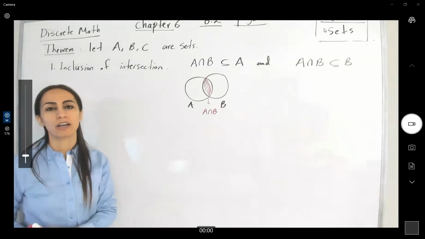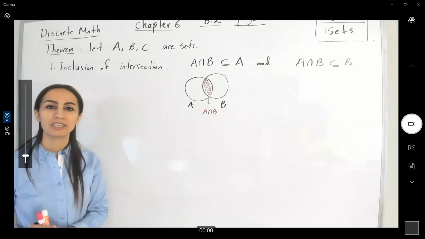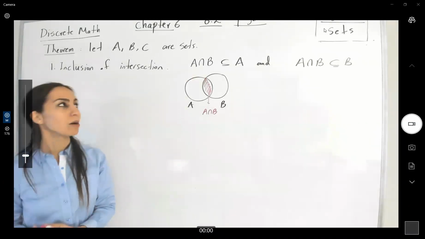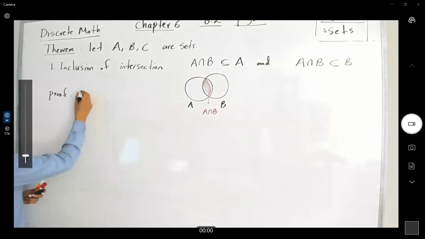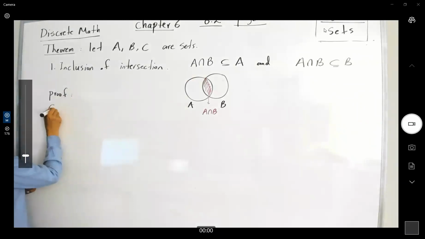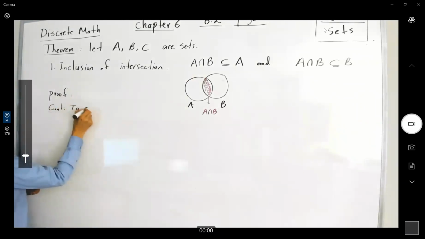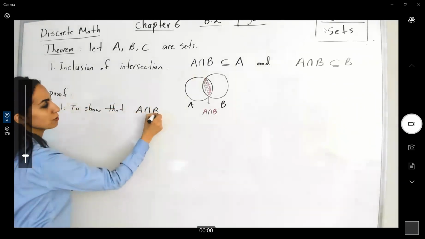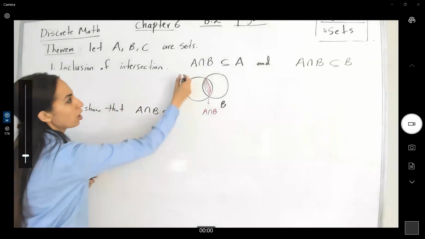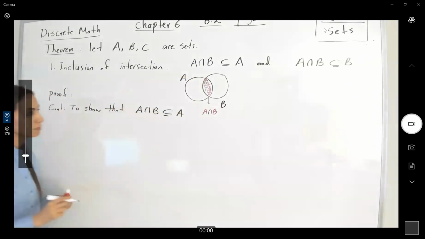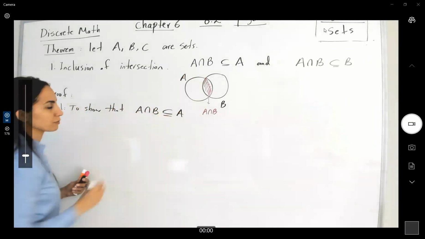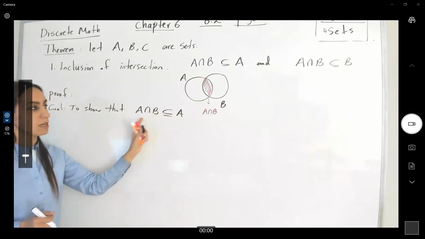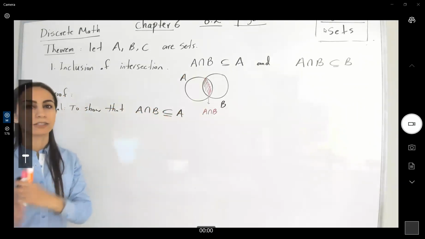definition. Let us try our best to use the definition, a direct proof, and show that A intersection B is a subset of A. This is our goal. That's what we're trying to prove. Recall that we want to show that a set is a subset of another set.